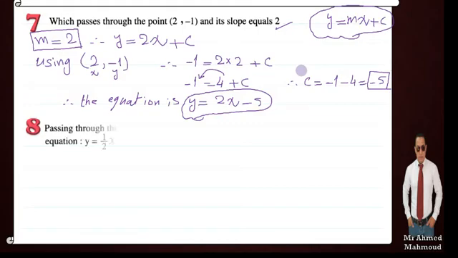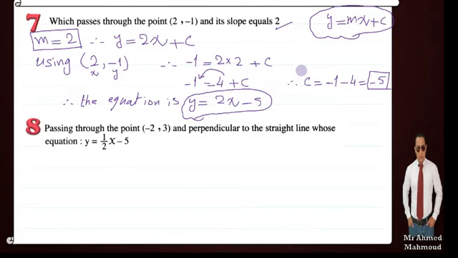Number 8, passing through the point (negative 2, 3) and perpendicular to the straight line whose equation is y equals half x minus 5. When you see the word parallel or perpendicular, you must use m1 and m2. Here m1, from this equation, equals half.